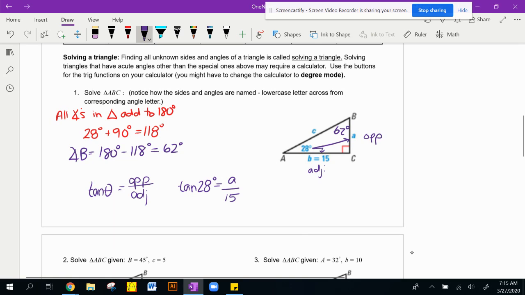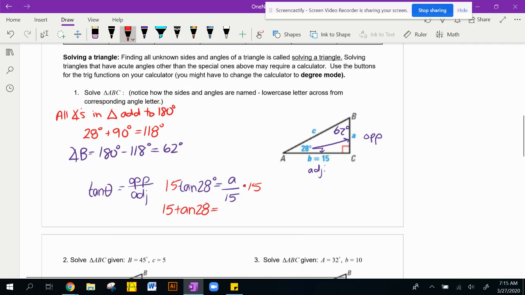So to get A alone, I would multiply 15 on both sides. And then in my calculator, I type 15 tan 28. Now, if you have a graphing calculator or some scientific calculators, you need to make sure the mode is set to degree mode.